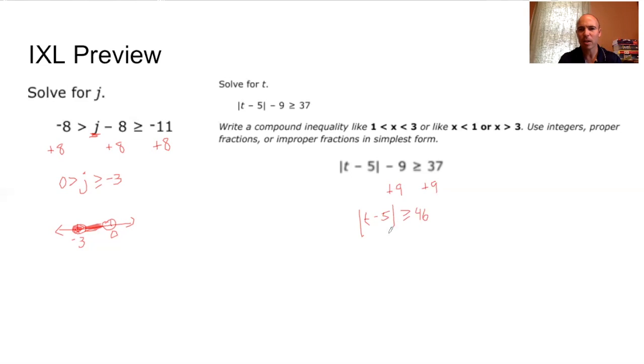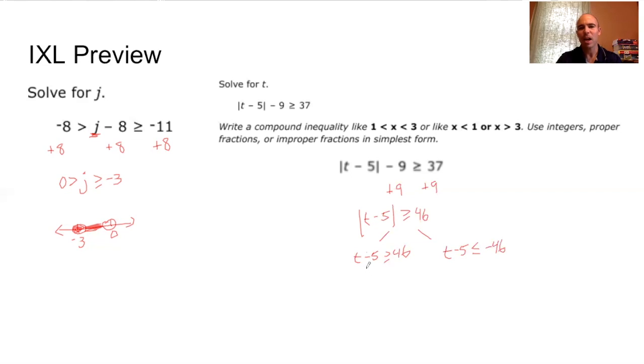Okay, and then what I am going to do here is make this 2 equations. t minus 5 is greater than or equal to 46. That is kind of the obvious one. But then remember, the other one is I have to go negative, so that t minus 5 could also be less than or equal to -46.